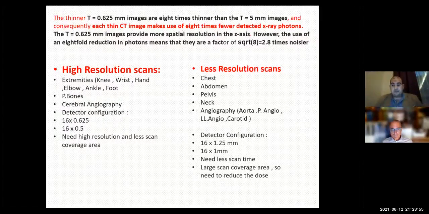But on scanning CT abdomen pelvis, CT triphasic, CT angiography for aorta, is there any need to use 64 or 16 times 0.6 or 0.5 millimeters? No need.